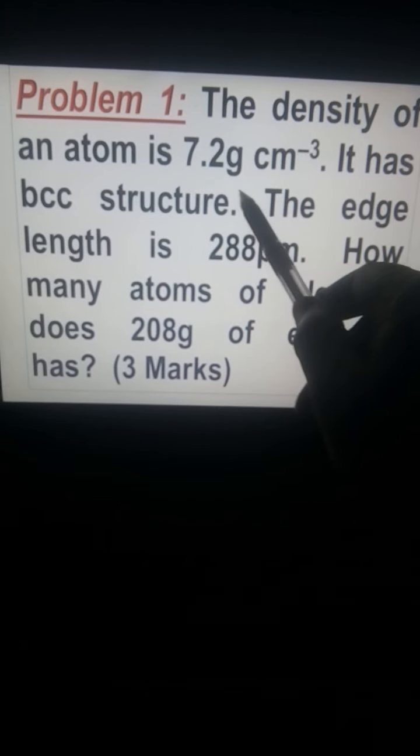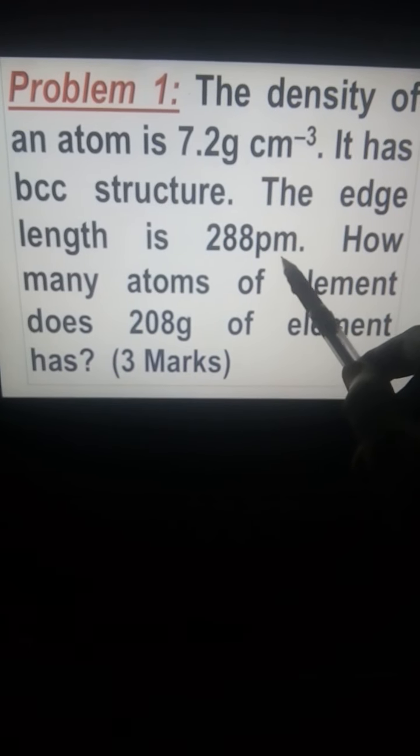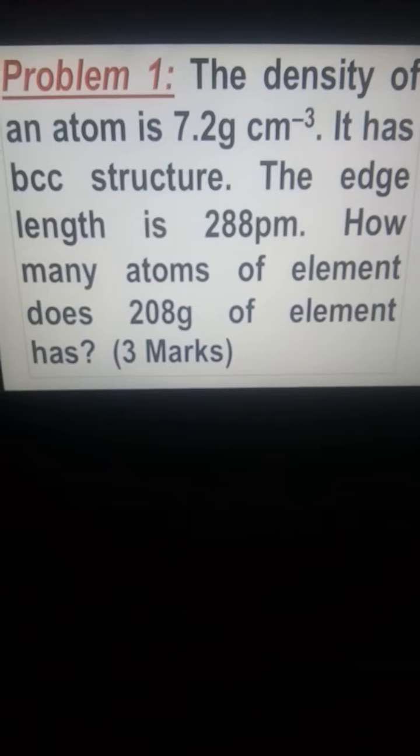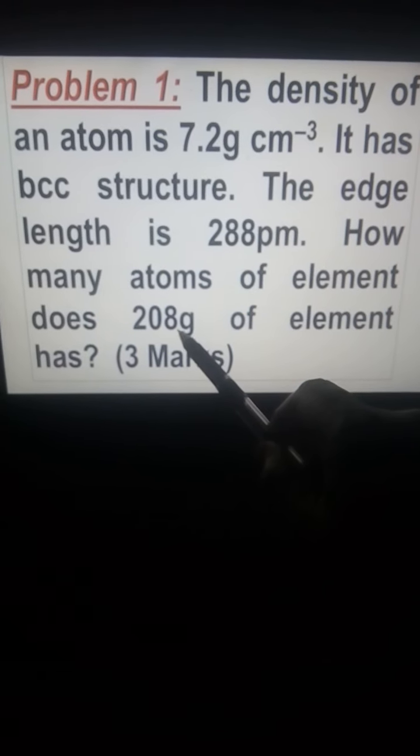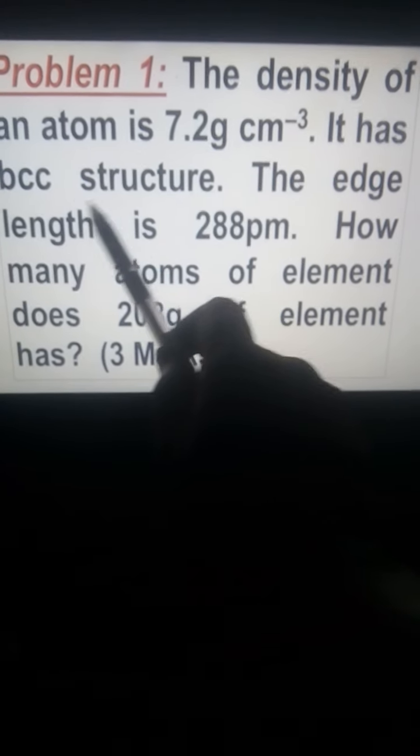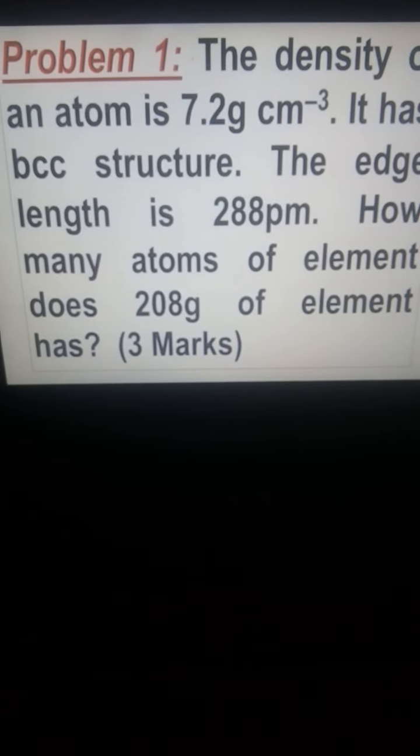So the total volume of the given mass divided by volume of one cubic unit cell will give you the number of cubic unit cells present in this much gram of element. Again, it has BCC structure. That means in one unit cell two atoms are present.